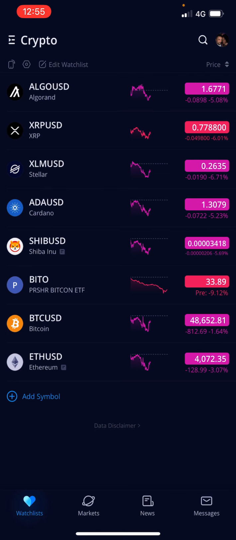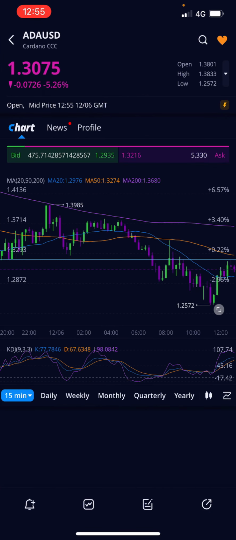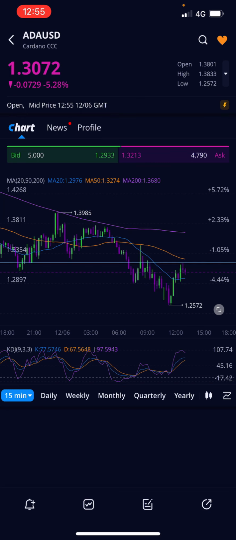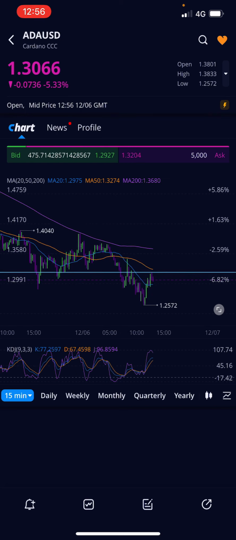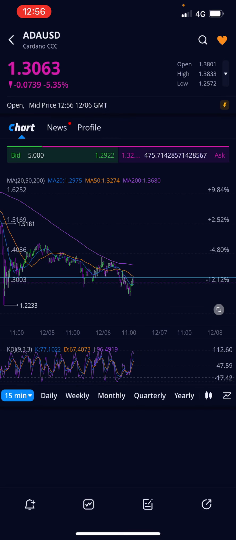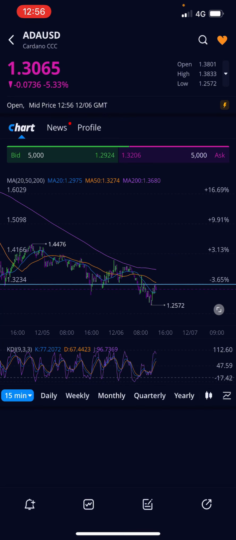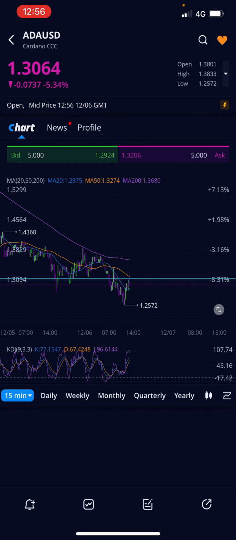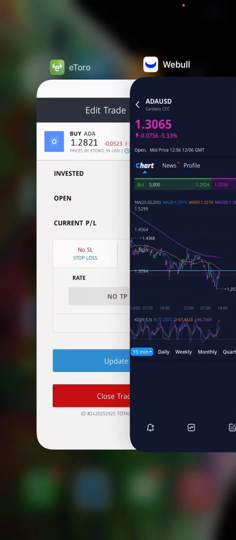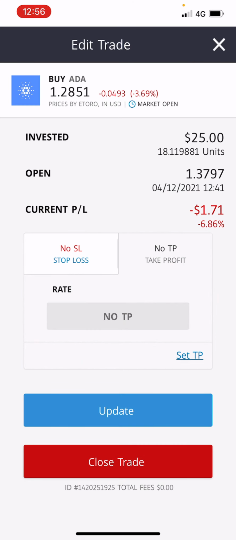So if you go to ADA, we can see the same line. It wants to go back up so the line becomes support. It's currently resistance. And checking what has happened since the crash, we have a high of 1.44. So I'll go a bit below it, and I'll put 1.40.